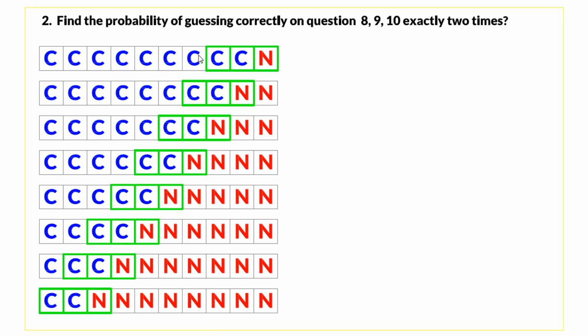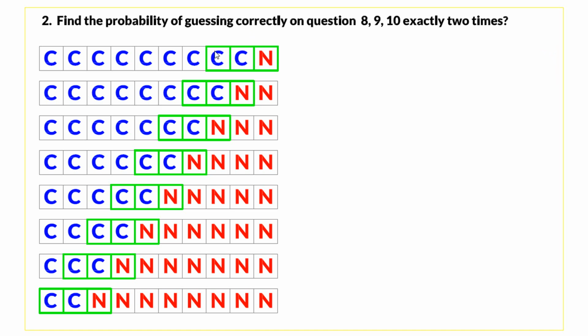But we have to pay attention that the question demands from us that these 2 correct questions and not correct question, they should be located at question number 8, 9 and 10 in the test.